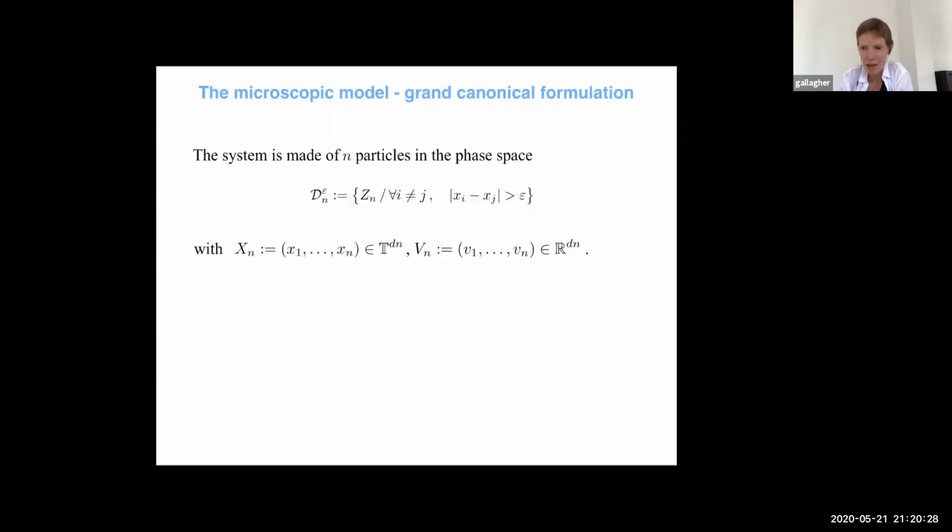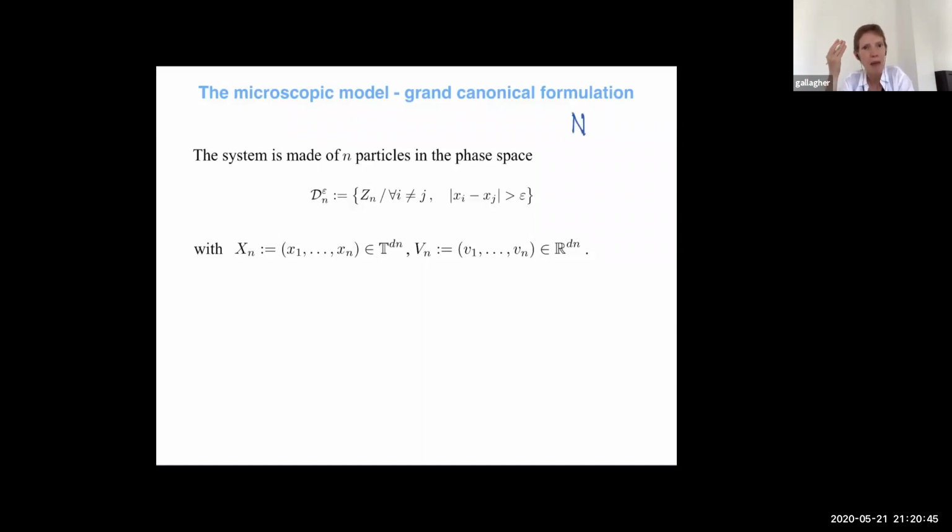So let's go back to my microscopic model and try to explain a little bit the setting more precisely. What I'm going to do right now is not fix the number of particles. Remember in the previous slides, we had this capital N, which was the number of particles, which was given.